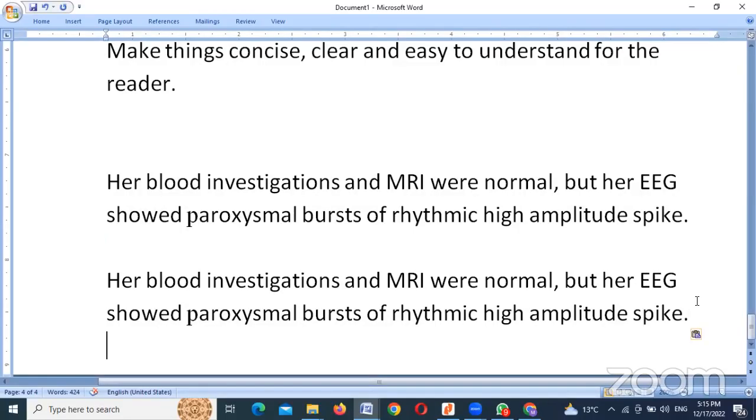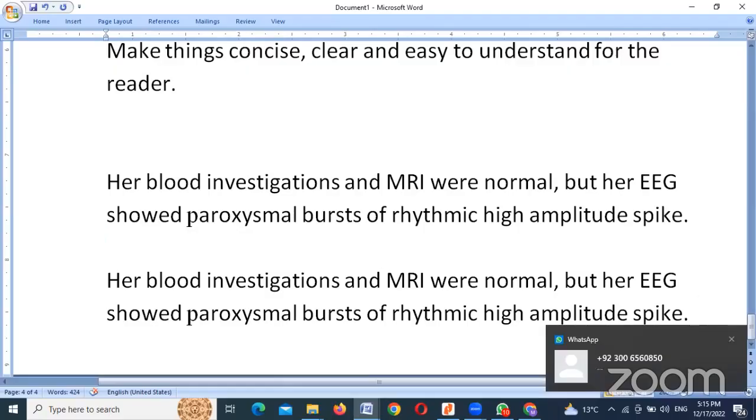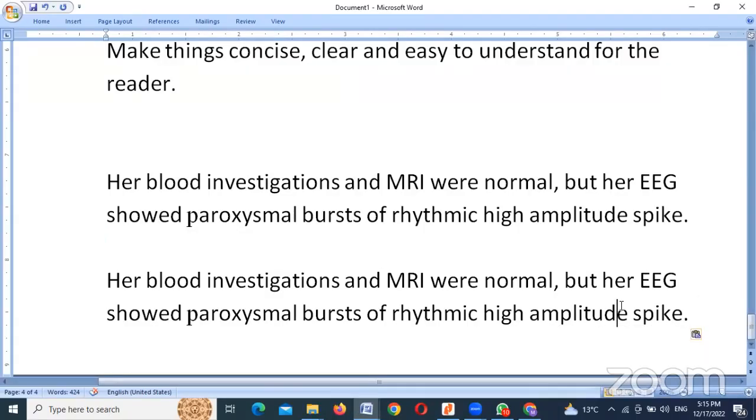One sentence. Which type of sentence is this? Simple, compound, complex, or compound complex? This is a compound sentence. Okay. Compound.